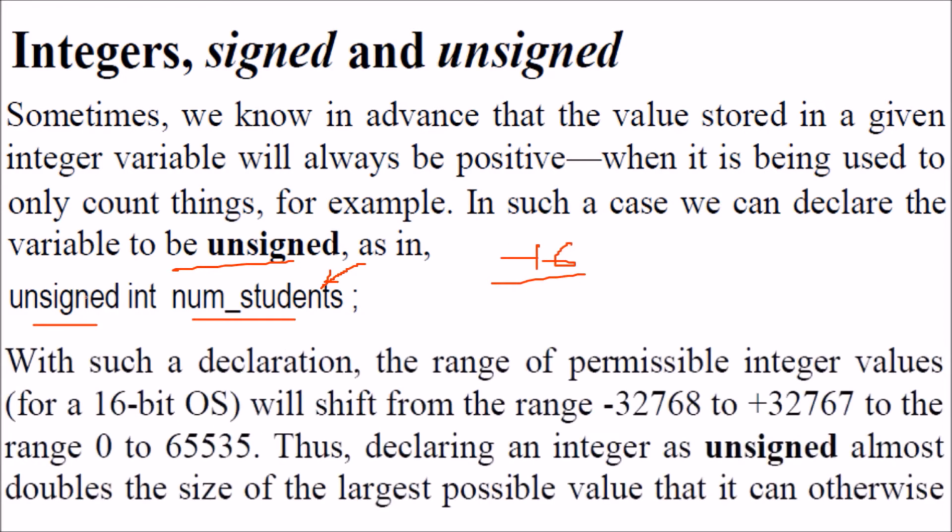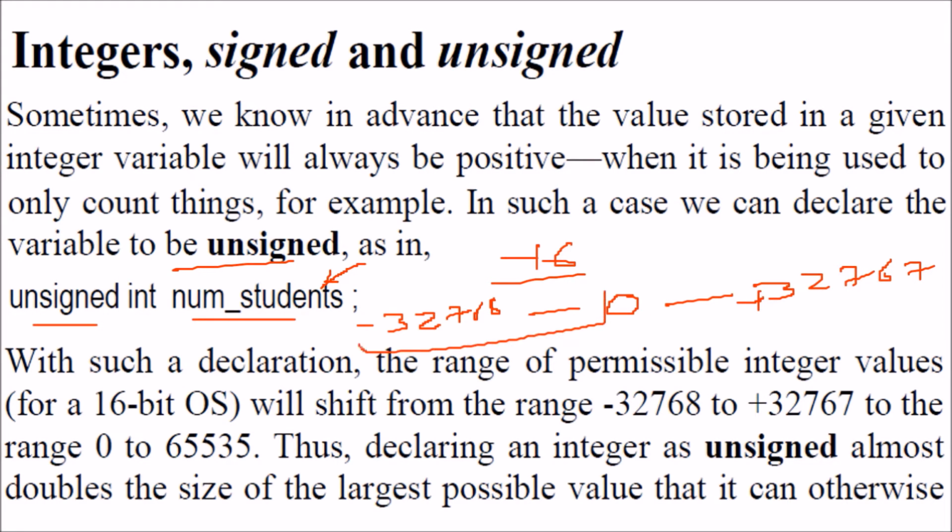That is not possible. So with unsigned, you are actually shifting the range. This is 0, this is minus 32768, and here you have 32767, which is plus. You don't want this area. You are saying that I don't want signed values, so you put unsigned. You are taking this range and adding it up here.